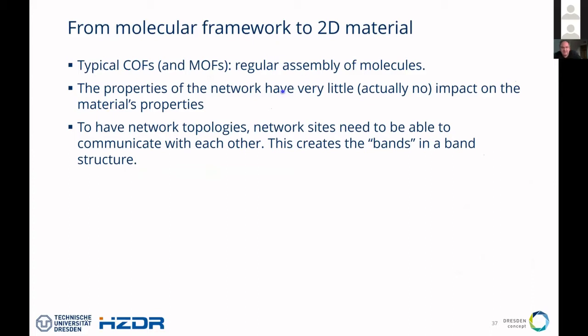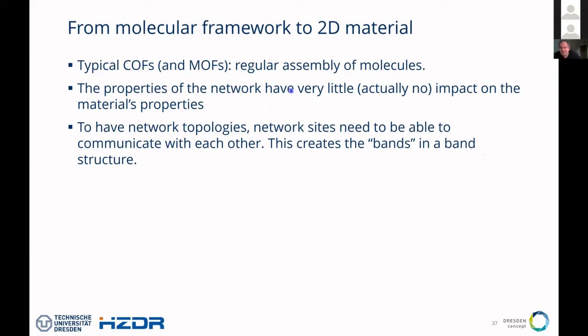And that means that the properties of the network have very little, actually no impact on the material's properties if you don't have a strong interaction between the individual molecules in the network. So we need to have the network topology such that the electrons of the individual molecules can talk together. In other words, we have to conjugate them.